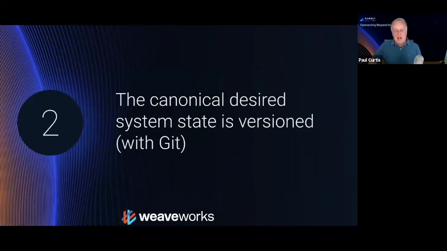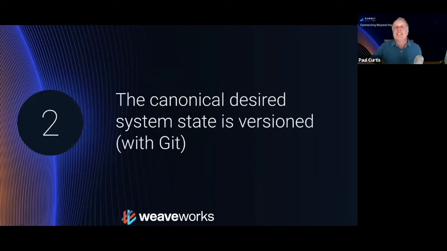I get a whole set of benefits by doing this. Those who've done infrastructure as code using source code repositories know this. It's versioned, it's logged, and it's audited, so I can go back and see what changed over time.